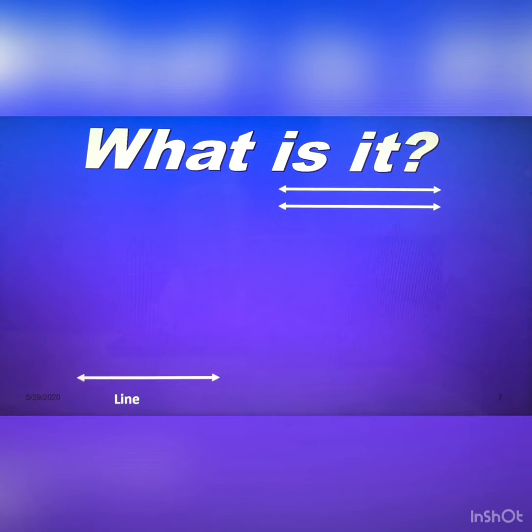Moving forward, what is this? What do you say? This is a line. And this one is parallel lines. Yes, you are correct. And this is the geometrical shape for line segments. Yes, you are correct.